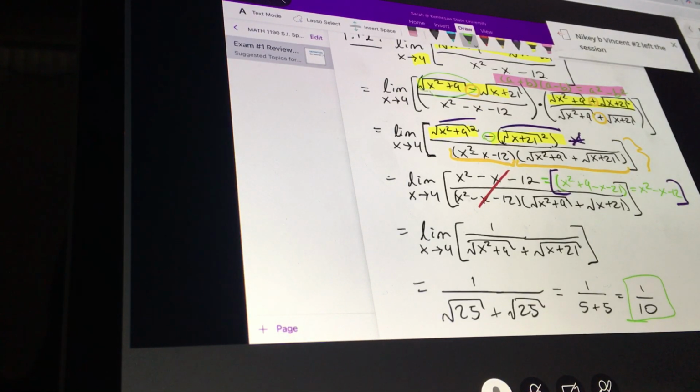I think that would be fine, because most people know that the square root of 25 is 5, and 5 plus 5 is 10. You do need to show your work, but there becomes a point where you can do simple algebra in your head, right? But you do need to show most of your steps. I don't know if that answers your question, but what I'm showing here is enough steps.